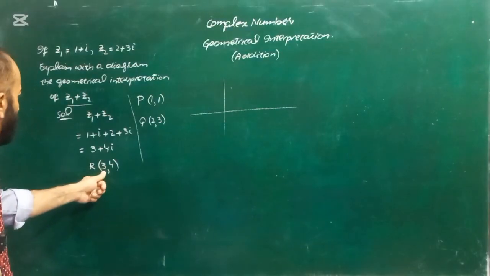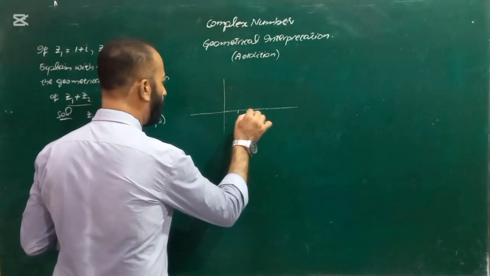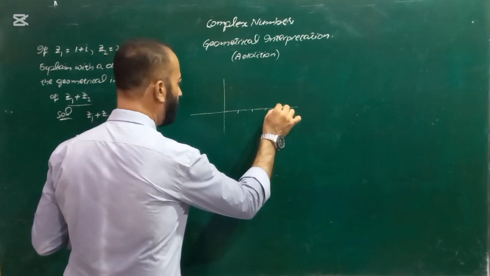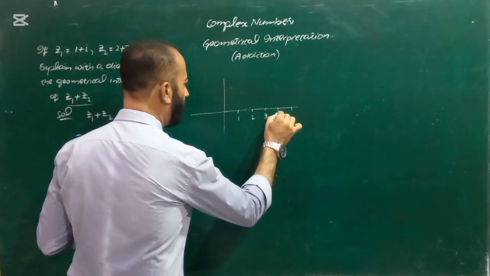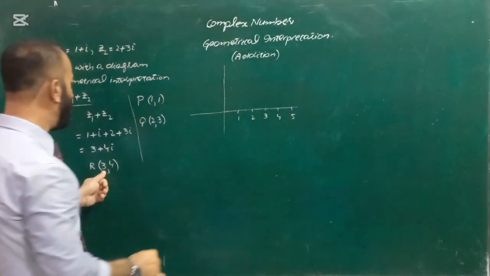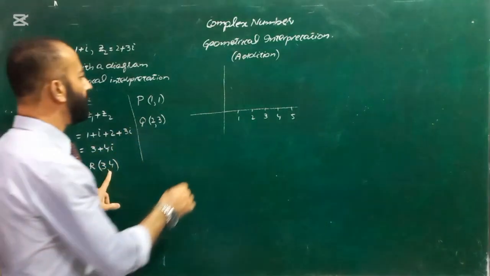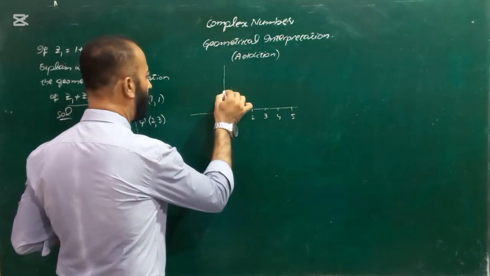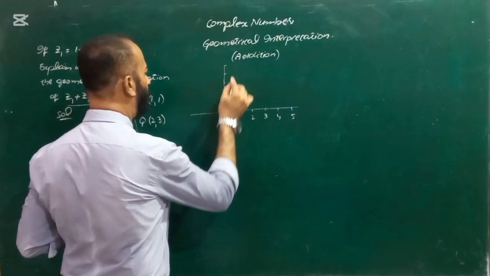So these are the numbers. The maximum number on the x-axis is 3 that I can see. So 1, 2, 3, 4, 5. And on the y-axis, the maximum number is 4. So look now, 1, 2, 3, 4, 5.